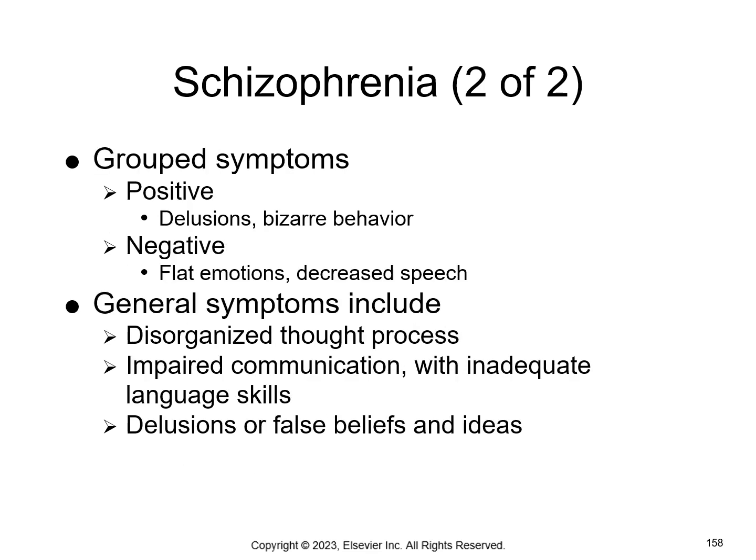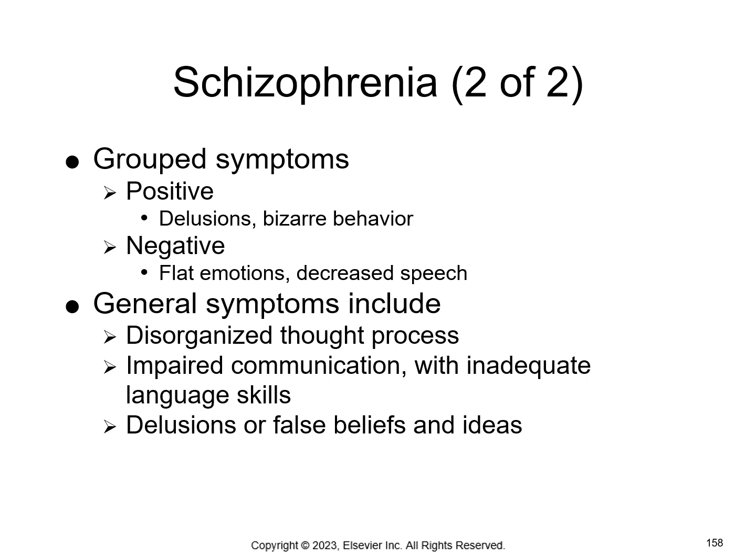The symptoms are grouped into either positive symptoms or negative symptoms. So positive symptoms are delusions and bizarre behaviors, and negative symptoms are things like flat emotions and decreased speech. Usually we think of positive in a good way, but positive symptoms are going to be when things are present, like delusions are present, a bizarre behavior is present.